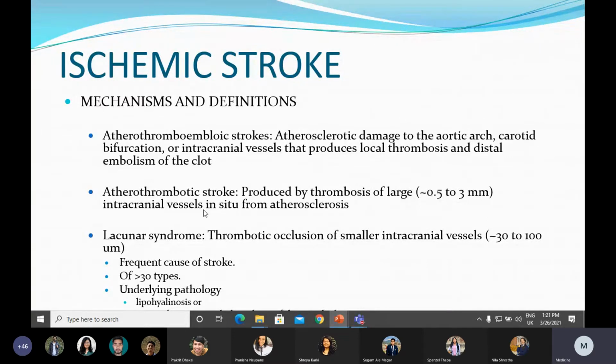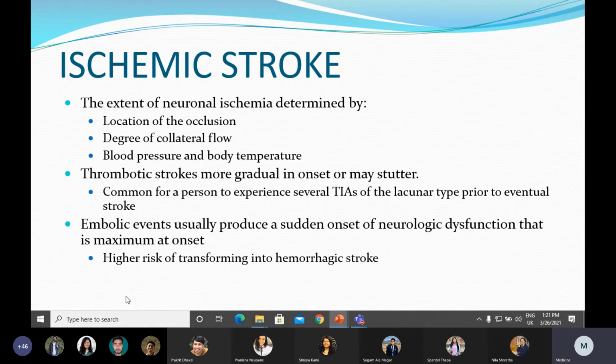In atherothrombotic stroke, this is usually seen in large vessels with large thrombus, and it's usually because of atherosclerosis. In lacunar syndrome, there will be a thrombotic occlusion of smaller intracranial vessels, and this is also a very frequent cause of stroke, and usually it's because of lipohyalinosis.